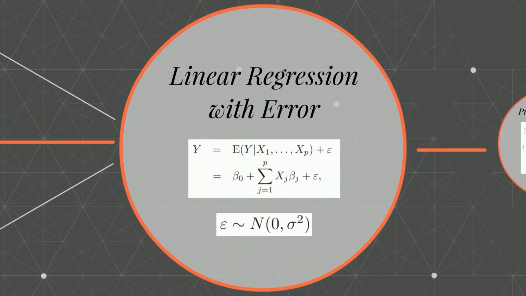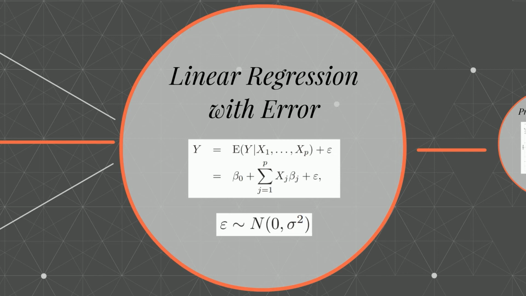So linear regression with error, again, we have the same least squares minimization, and we're looking for a linear model now, though, that has an error value. So we now assume that the linear regression model is the correct model for the mean, that is, the conditional expectation of y is linear in x. However, we also assume that the deviations of y around its expectation are additive and Gaussian.